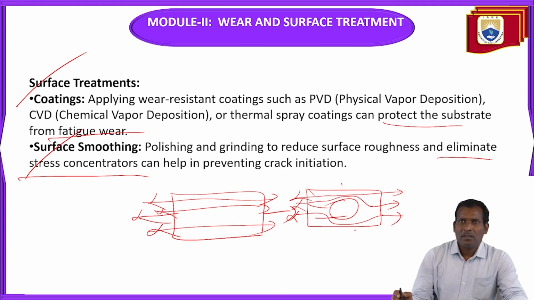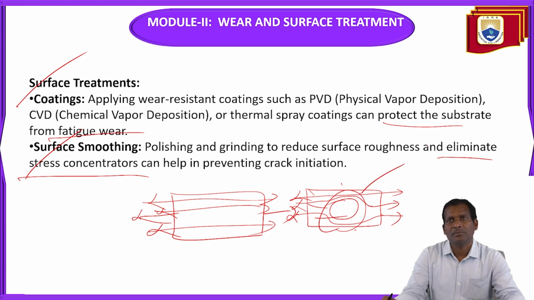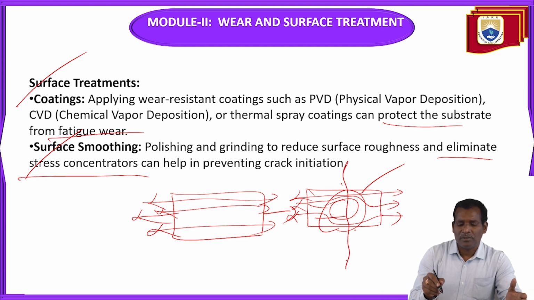At this hole, the stress distribution lines are bent like this, not uniform, so the stress concentration will be high. Due to this stress concentration, the component will fail at this center.